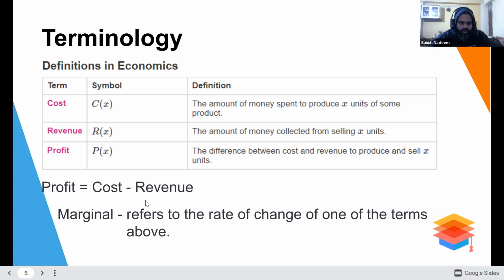Revenue is the total amount collected from selling X units, and cost is the amount spent to produce X units. So the difference between cost and revenue should be profit, so this is basically wrongly written here. Profit is revenue minus cost. Anyway, let us proceed further.